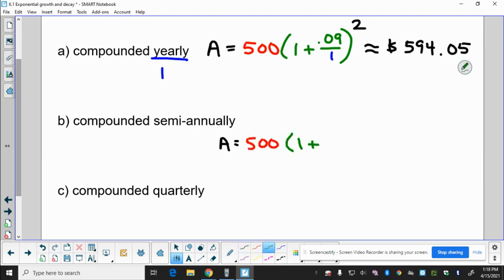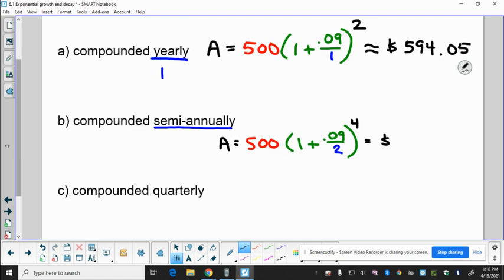It's still 9% interest, but semi-annually means twice per year. Okay, that's crucial. My exponent now is twice per year at 2 years. So 2 times 2 is actually 4, isn't it? So let's change this exponent to a 4.